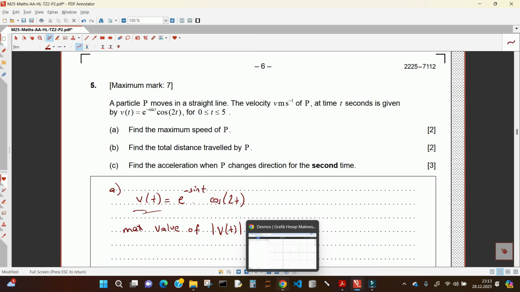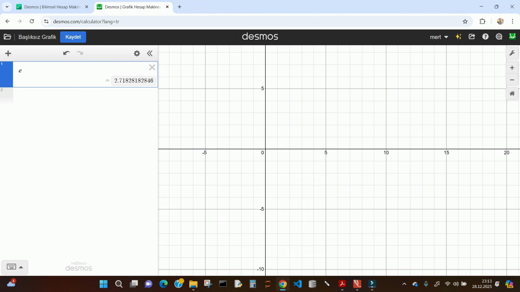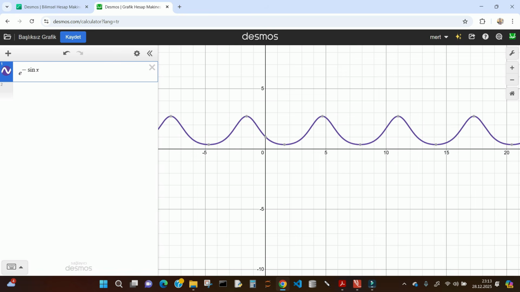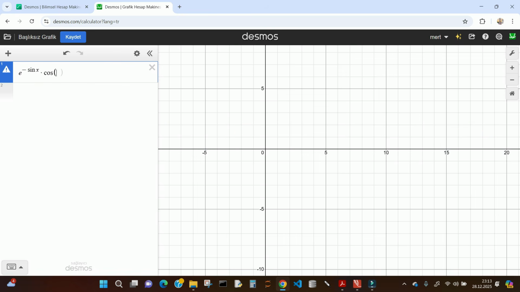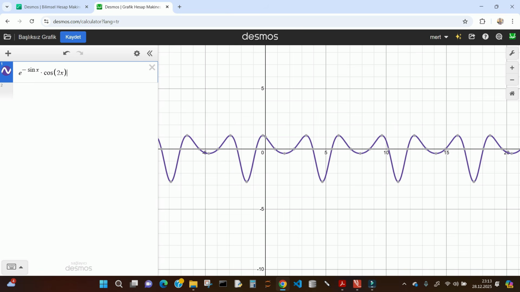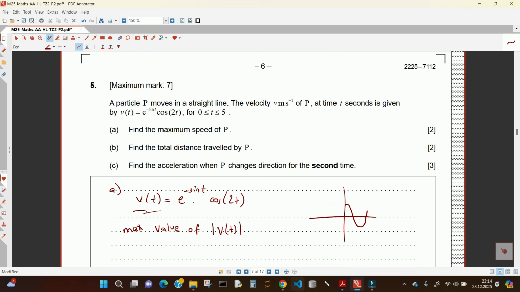Let's draw this function, e to the power of minus sine x times cosine 2x. The domain of this function is between 0 and 5, so I will draw the function in this range.